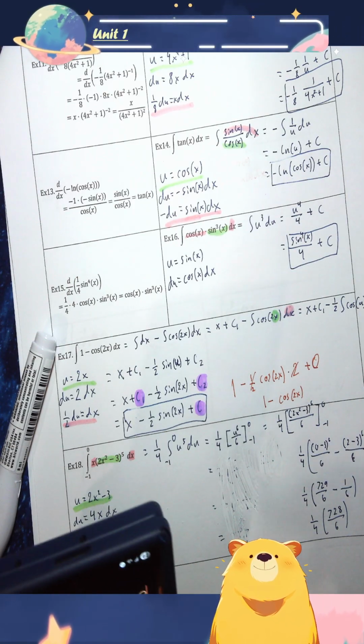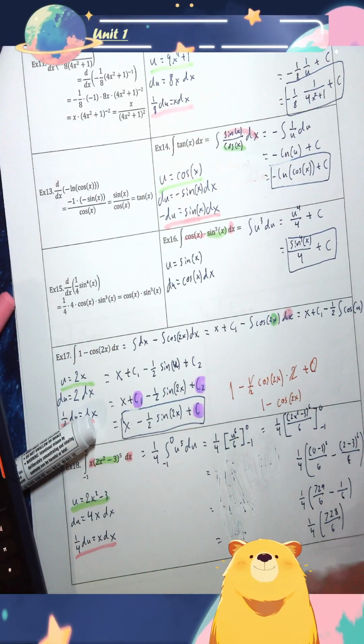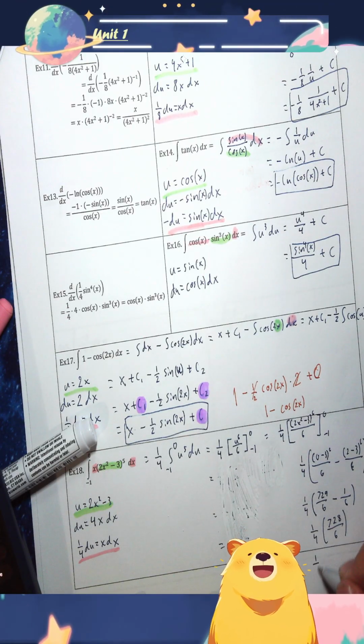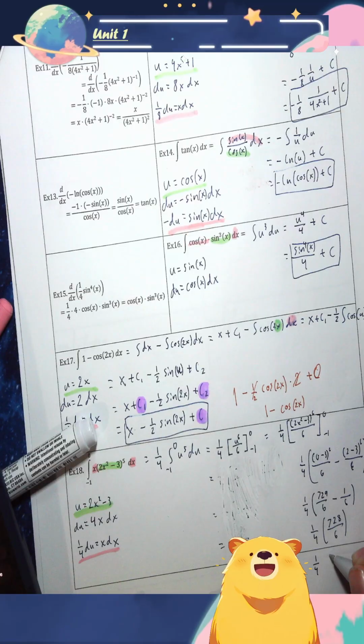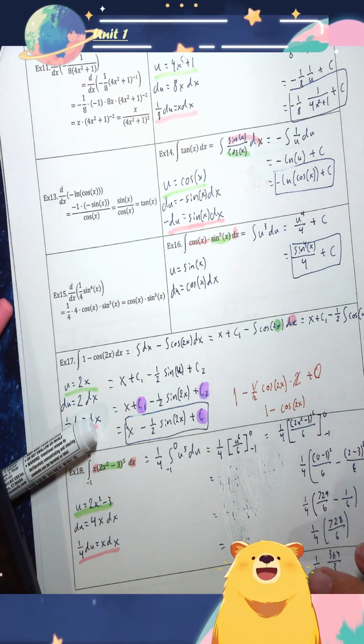I'll simplify it by just dividing both sides by 2. Let's see. So we have 1 over 4, and then we have 364 over 3. And I could technically divide out another 2.